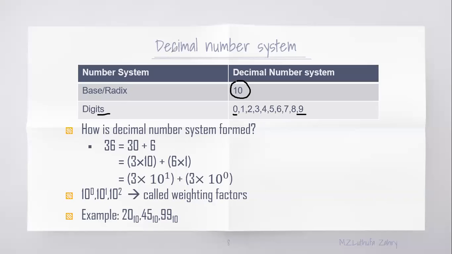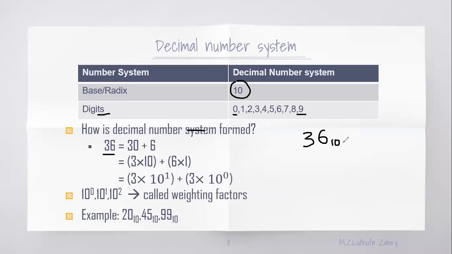Normally in mathematics, you know how a decimal number is formed. If they say 36, there is a number called 36 and the base will be 10. For any number system, you have to put the base value. Mainly in ICT, when you're writing it on paper, don't forget to put the base value.